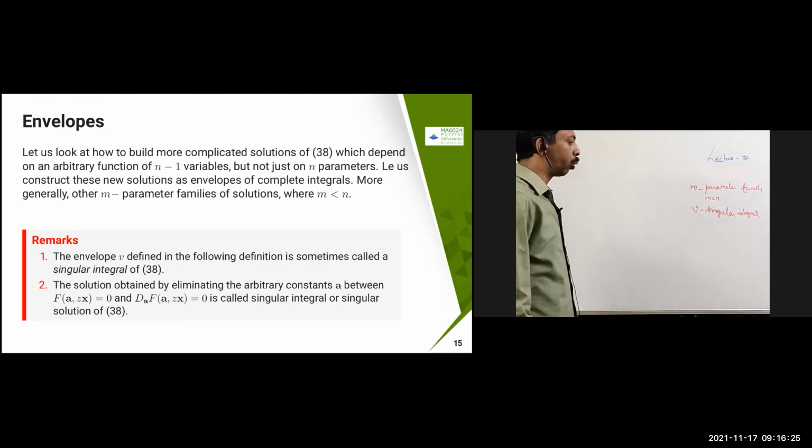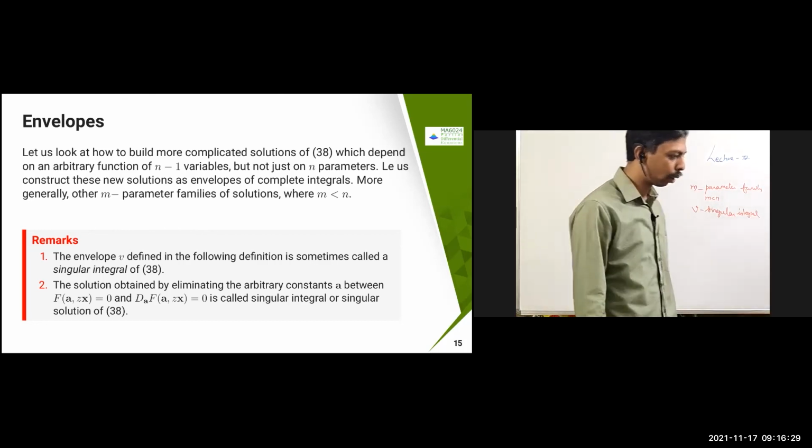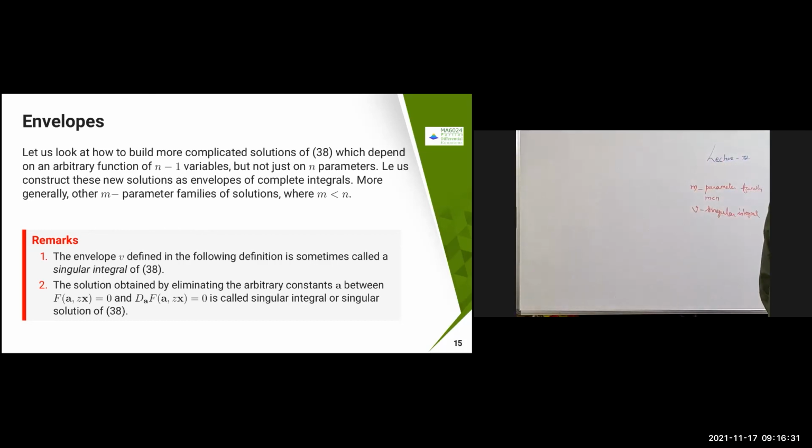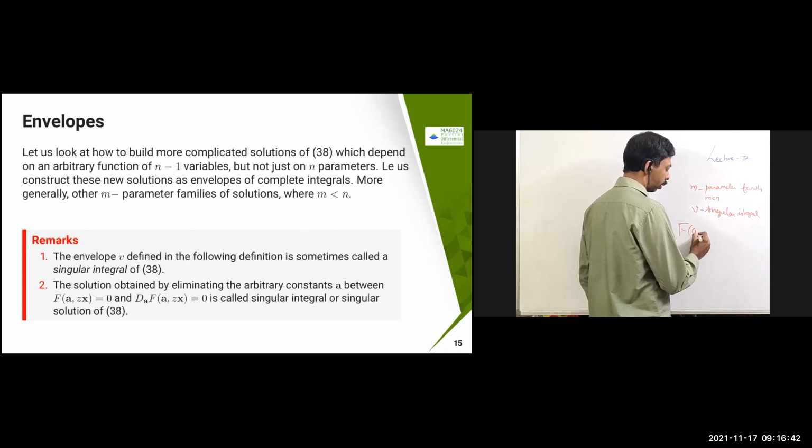So how are we going to do that? We are going to do it by substituting something like this. You are going to put z equal to f of a comma x, that is, f of a comma z comma x equal to 0.